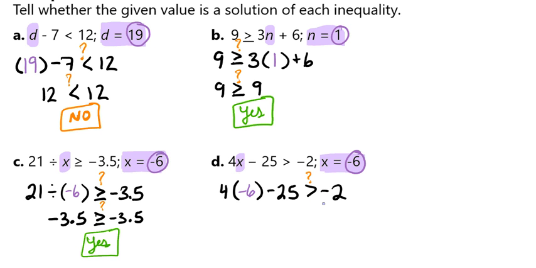So if we plug that into our calculator, we're going to get a value of negative 49. So we want to know, is negative 49 greater than negative 2? Is negative 49 larger than negative 2? And no, the answer is it's not. Negative 49 is actually smaller than negative 2 because it's more negative.